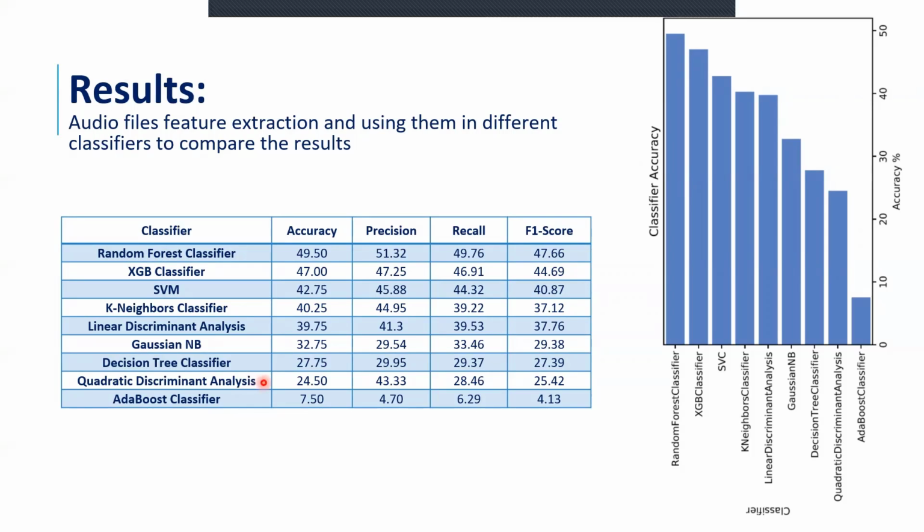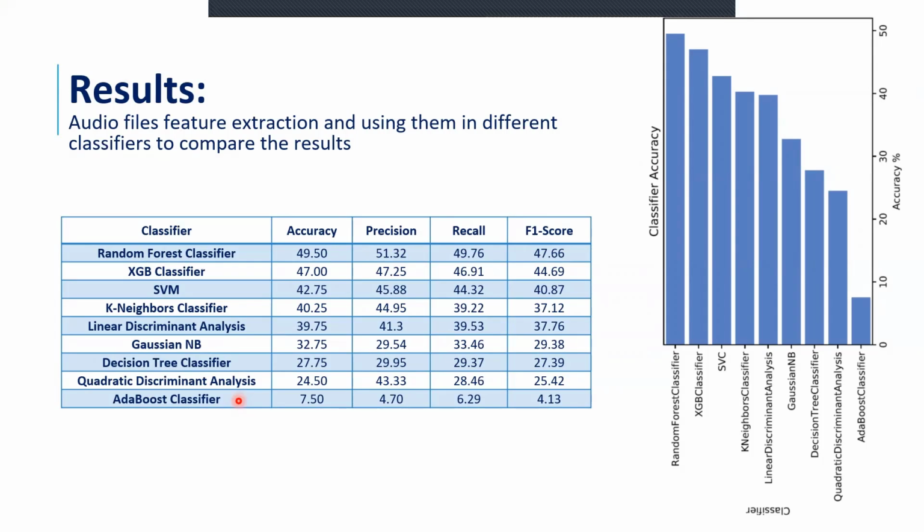The quadratic and linear versions are almost similar, but instead of using a linear combination of features, we use a variant of LDA so that an individual covariance matrix is estimated for every class of objects. We also had an AdaBoost classifier.